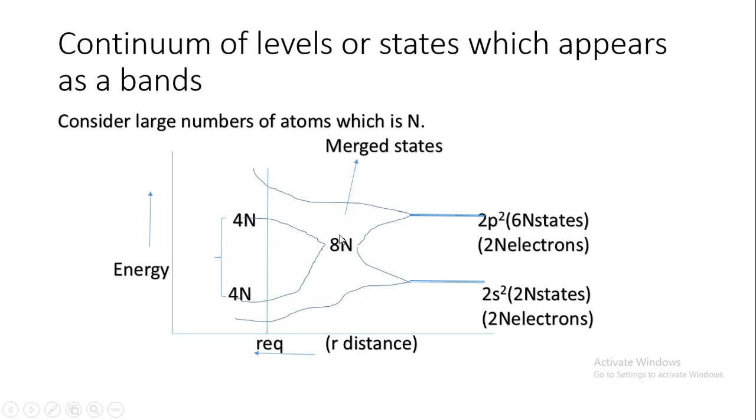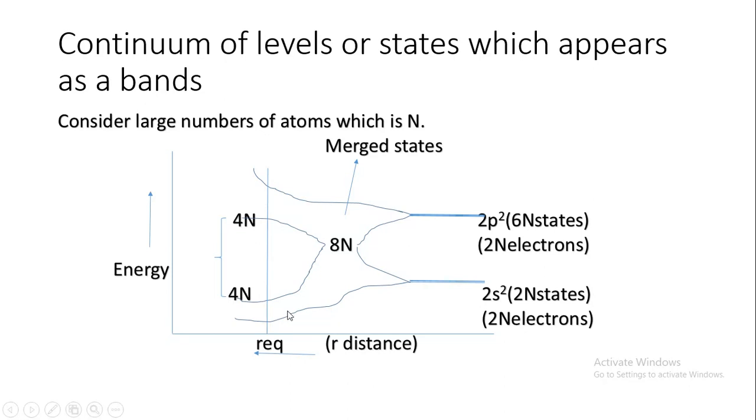But as you know, initially, if you are not giving any kind of energy to the electrons, they will have low energy. So the entire 4n electrons available in the merged state, out of 8n states, all 4n electrons will be in 4n states here.